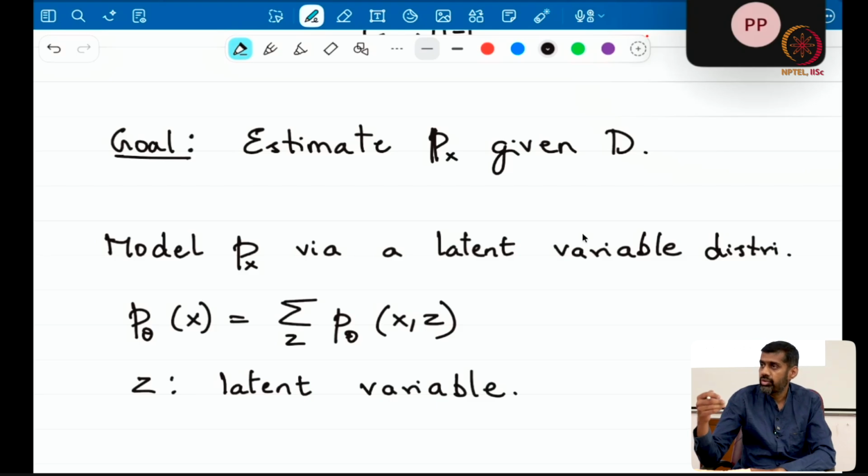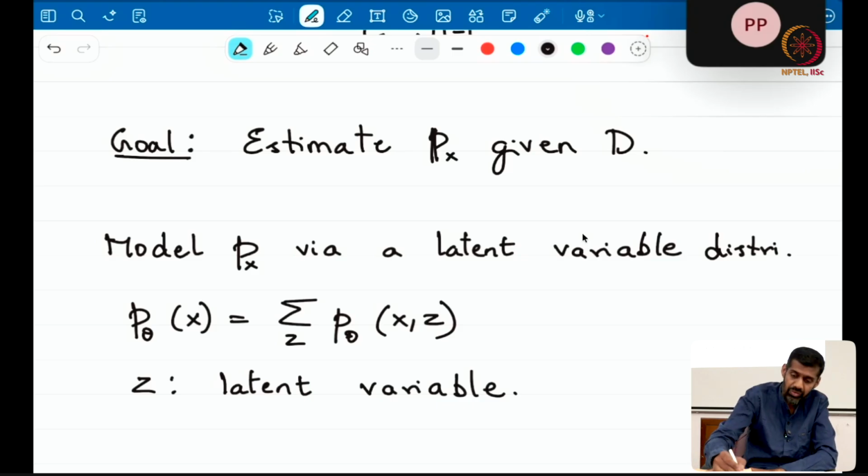Now, procedurally you solve the exact same problem of divergence minimization and estimate P theta. Once you have a latent variable model, as a byproduct we also get distributions such as P theta of z given x, which is the conditional of the latent variable given data, and that can be used for several purposes.